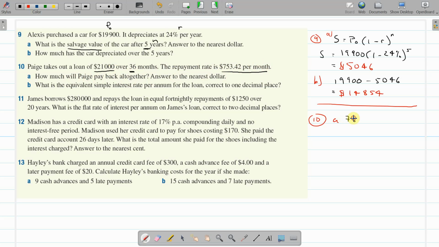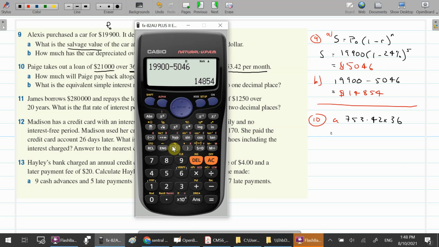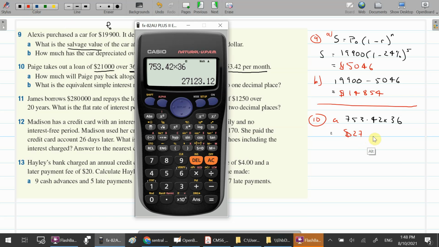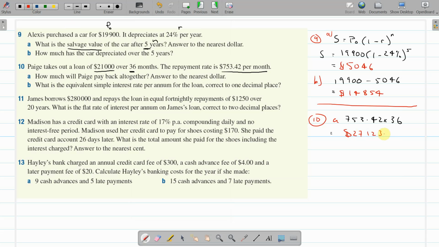So $753.42 times the number of months, 36. 753.42 times 36. $27,123.12. That's how much he's paid off. How much is paid back altogether? Yep, that's that one. Yep, very good.